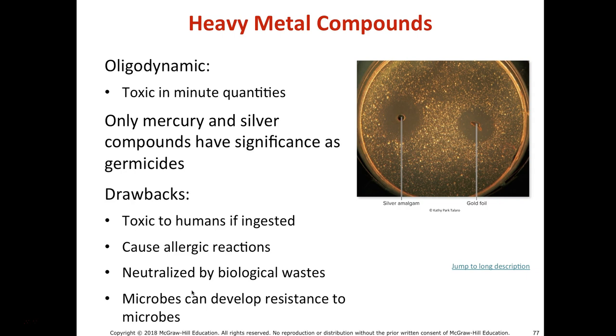Instead, silver and mercury are going to be the ones that are more significantly used in healthcare. And they are able to create a property that we use the term oligodynamic action. And what that means is that we just have to have a little bit, minute quantities, in order for it to be toxic to microbes.